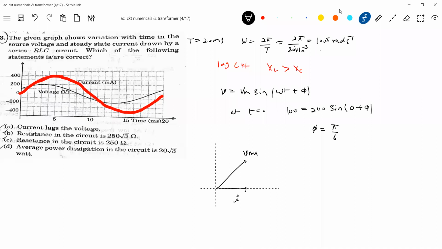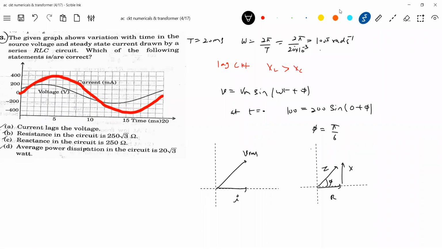Justified. So from this circuit, what we can draw here: this will be R, this will be reactance, and this will be impedance.